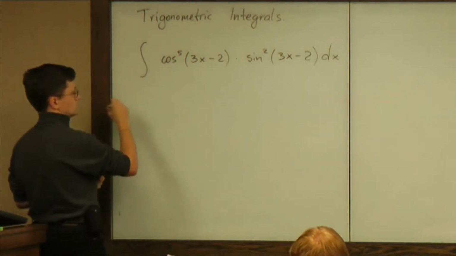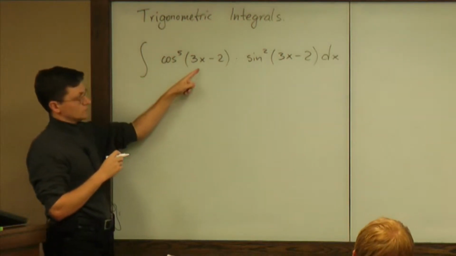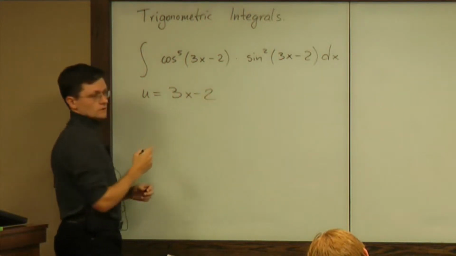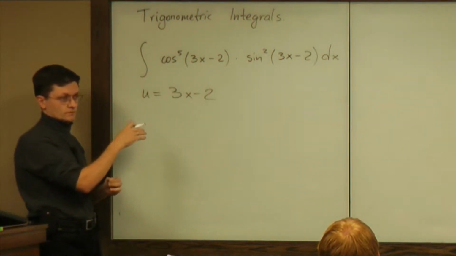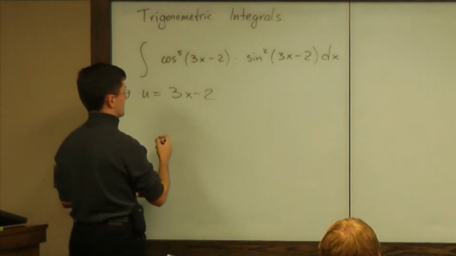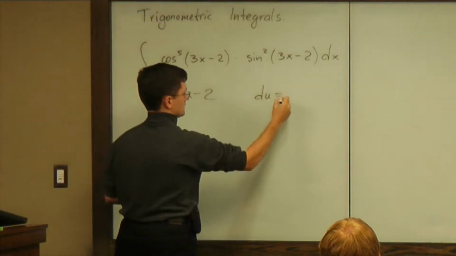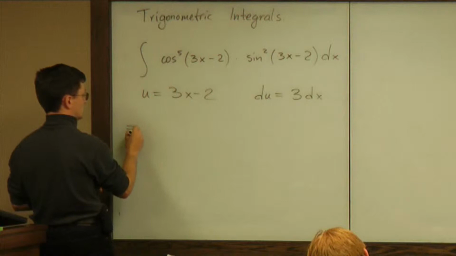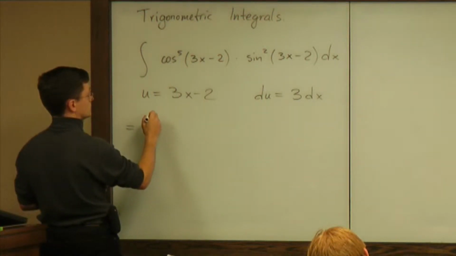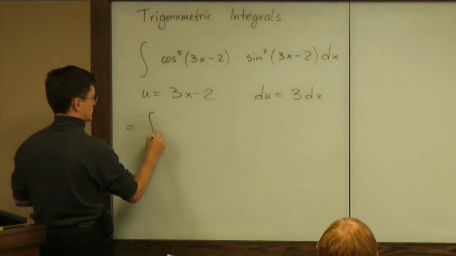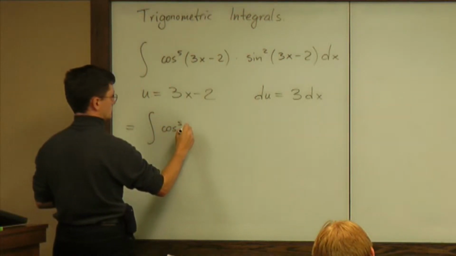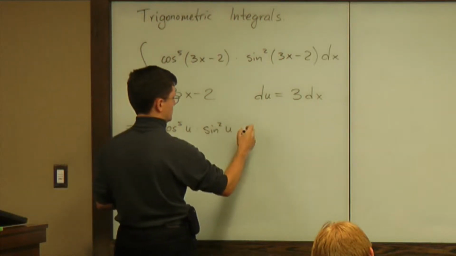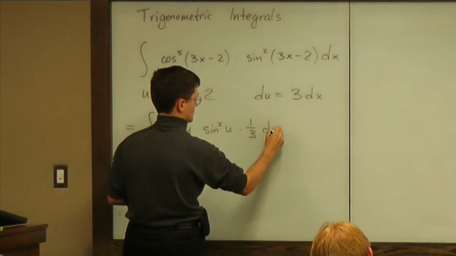The first obvious step is going to be to make a substitution, u equals 3x minus 2, so that all the trigonometric functions become functions of just one variable u. Then du is 3dx, and you can write that integral in terms of u: cosine to the fifth of u times sine squared u times 1/3 du.